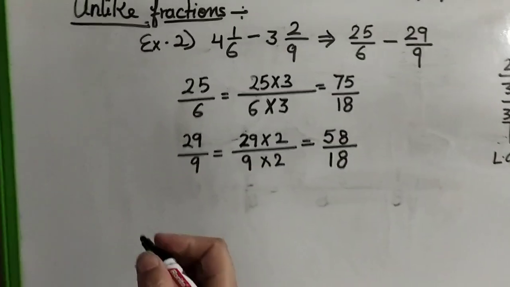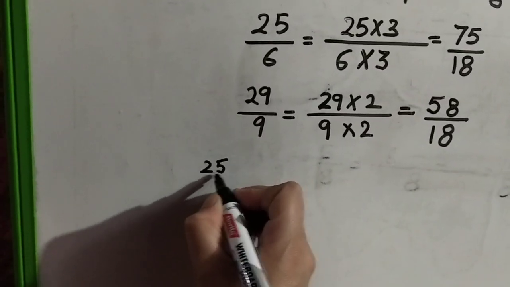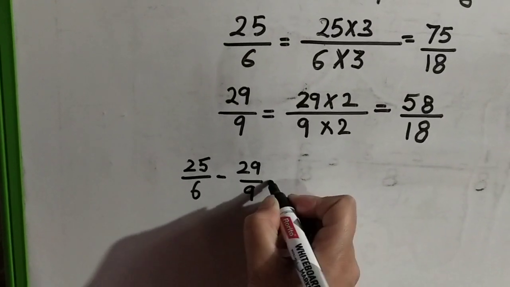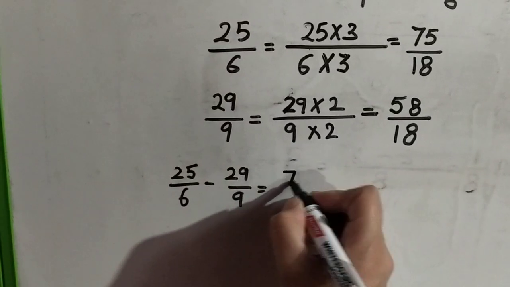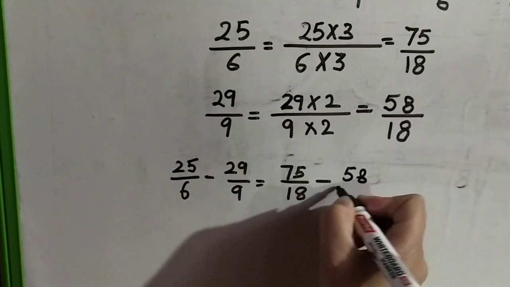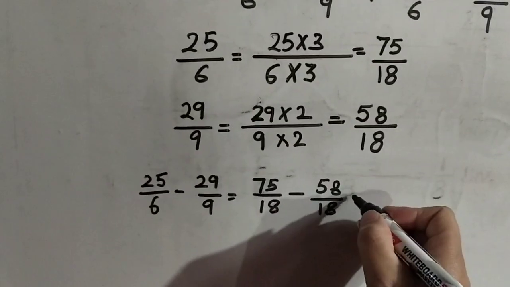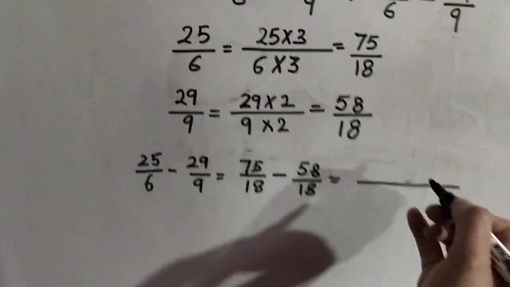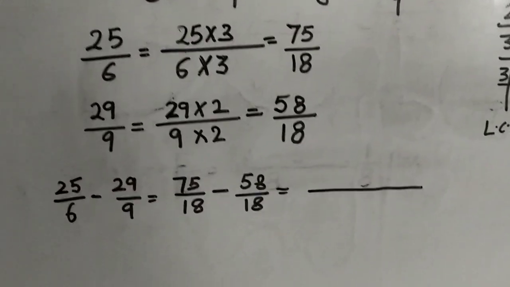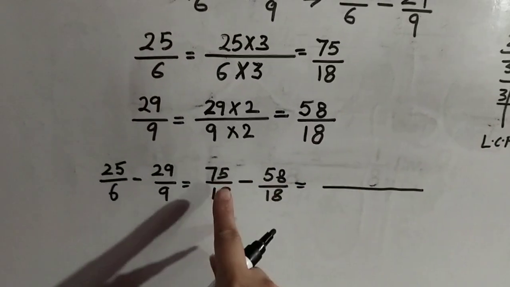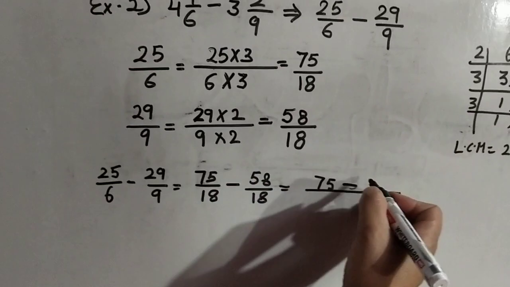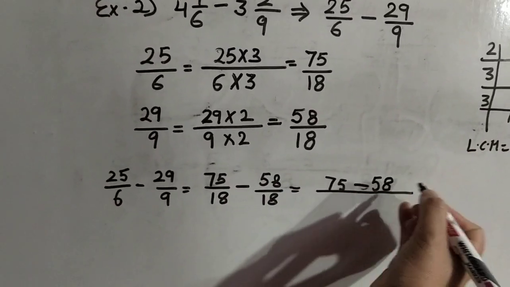Now we'll find out the difference. 25 upon 6 minus 29 upon 9 equal to, in place of 25, 75 upon 18 minus 58 upon 18, right? Now the formula you know, the difference of the numerators upon common denominator. The first numerator 75 minus the second one 58, right?